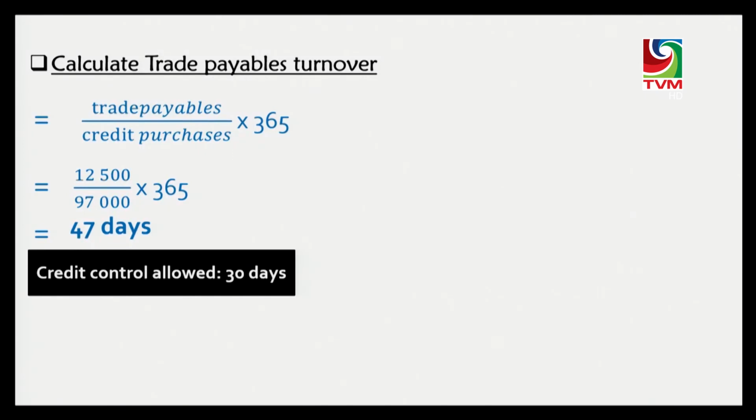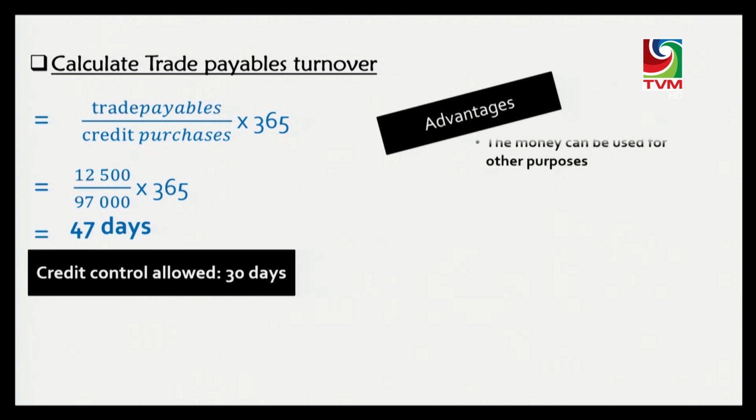So for example, let's say in this business credit control allowed is 30 days and their trade payable turnover is 47 days. So when we compare trade payable turnover with the credit control allowed, it has increased from 30 days to 47 days. Because of this, there is an advantage to the business, that is the money can be used for other purposes.